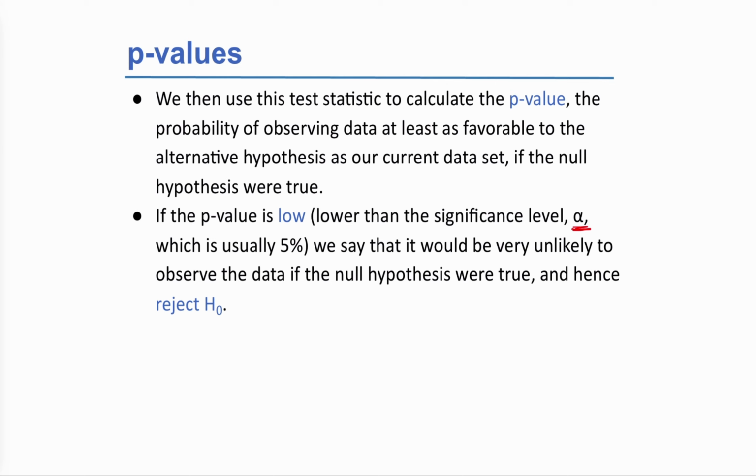Some research, for instance, medical research, is going to use a lower alpha because the consequences of making, I think that would be a type 1 error. We'll talk about the type 1 and type 2 errors later on.